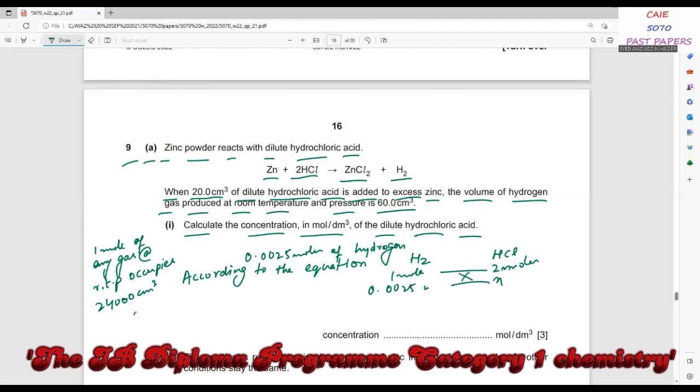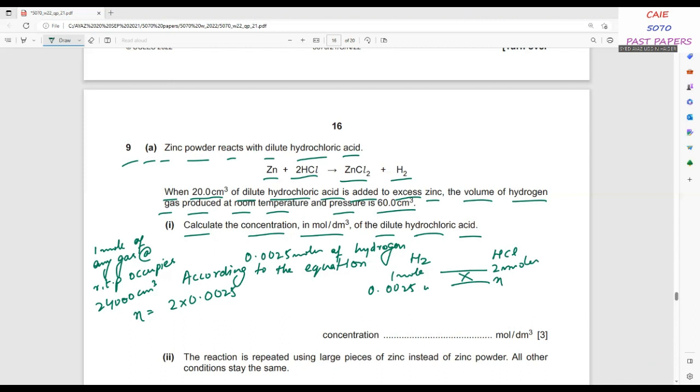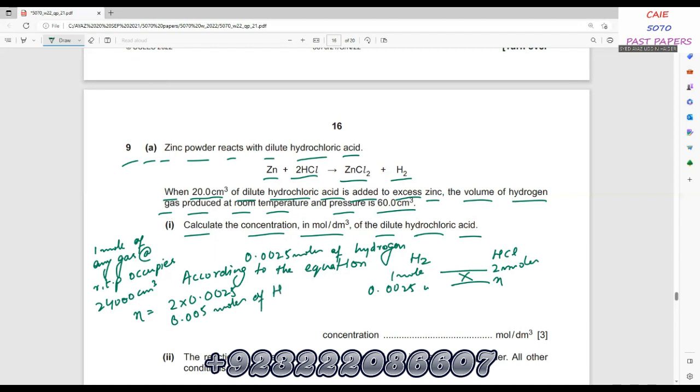X is equal to 2 multiplied by 0.0025, which is 0.005 moles of hydrochloric acid, HCl. Now the volume is given.